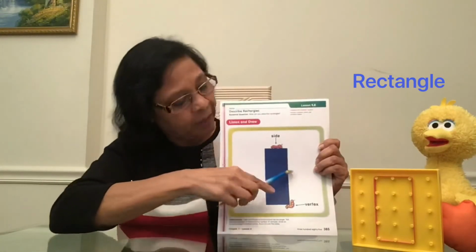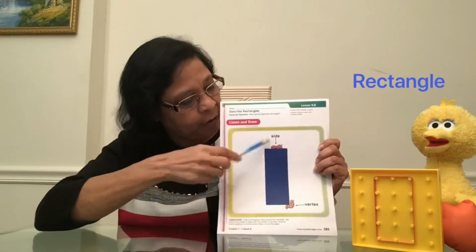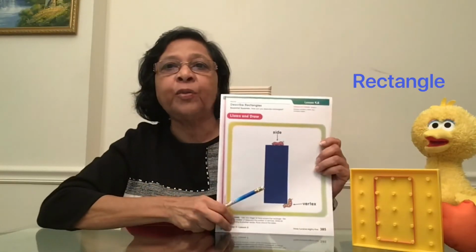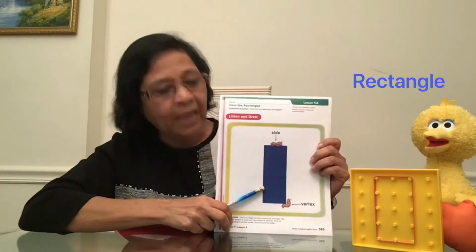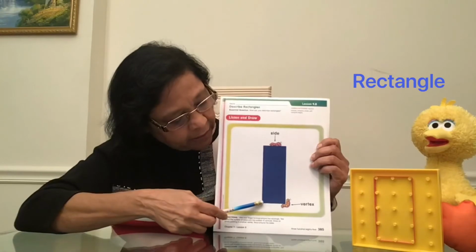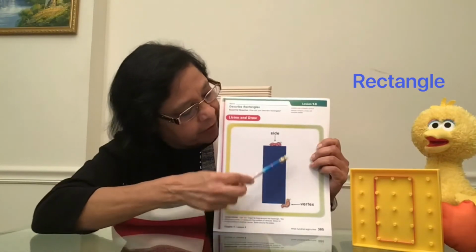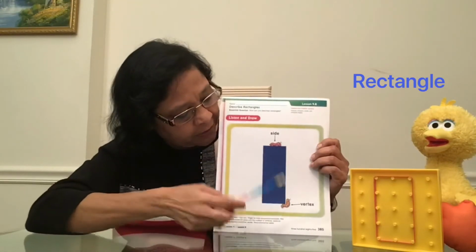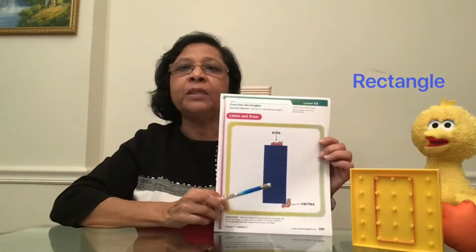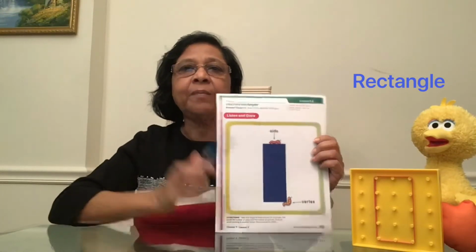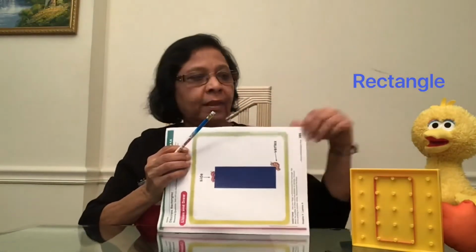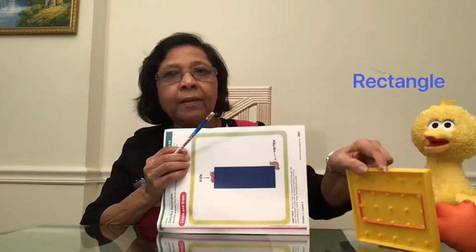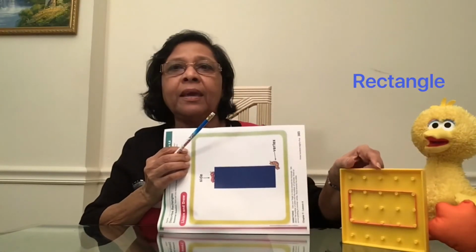The 2 long sides are equal to each other, and so are the 2 short sides. So this is called a rectangle. And as we said, each corner is a vertex. So we have 4 vertices. This shape is called a rectangle. Sometimes it's turned this way. So we can turn it this way and it would still be a rectangle.